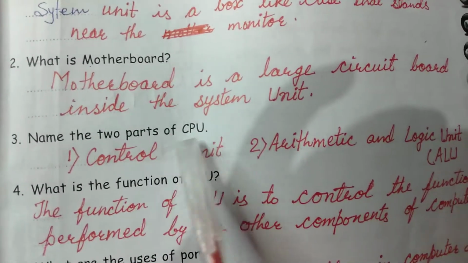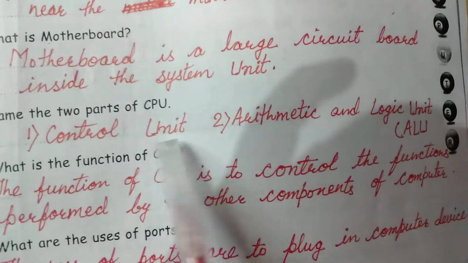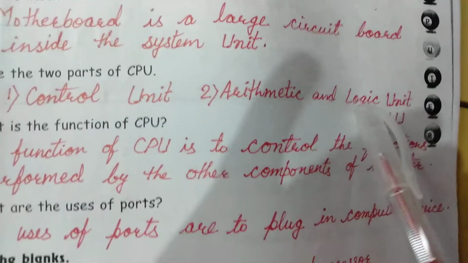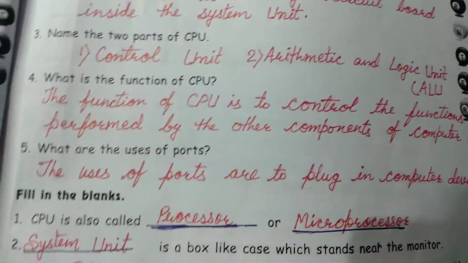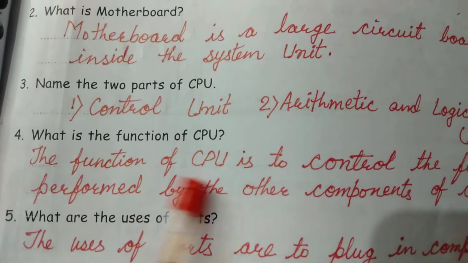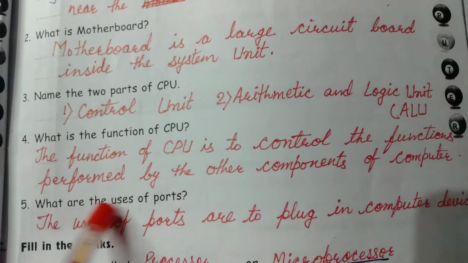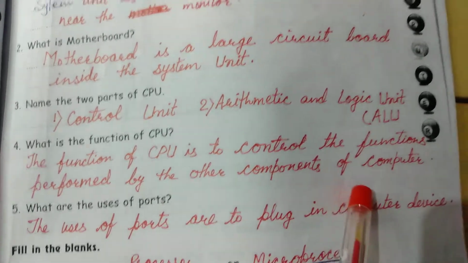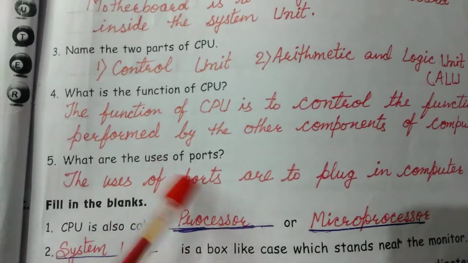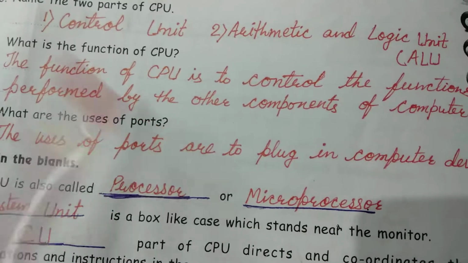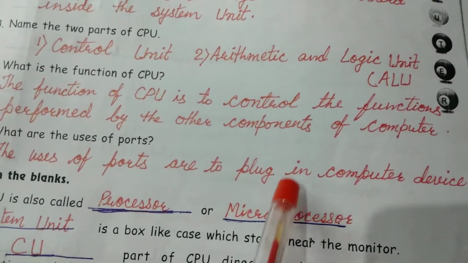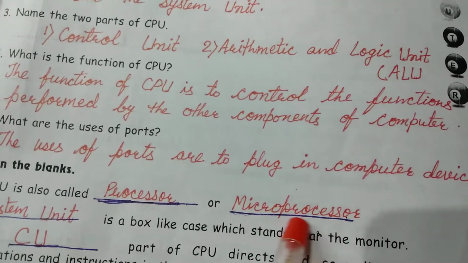Name the two parts of CPU: control unit, arithmetic and logical unit. What is the function of CPU? The function of the CPU is to control the functions performed by the other components of the computer. What is the use of a port? The use of ports is to plug in computer devices.